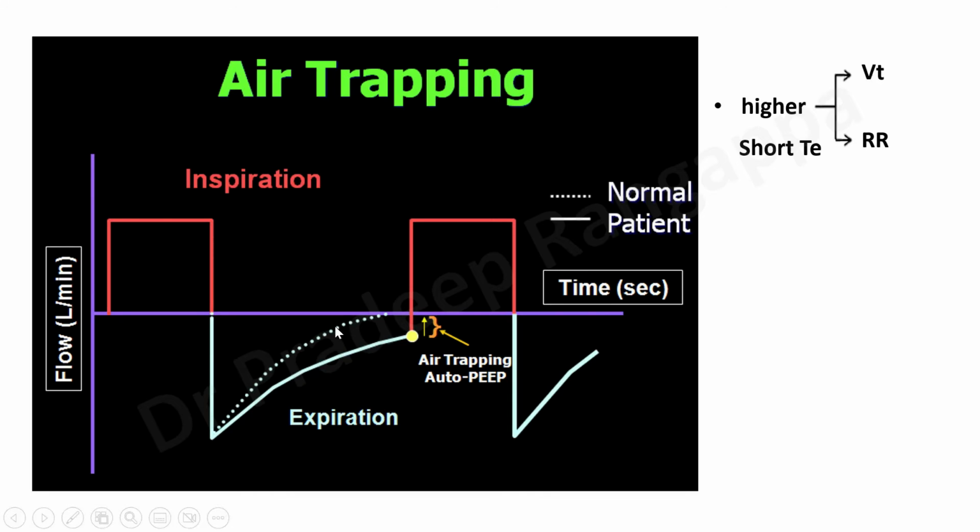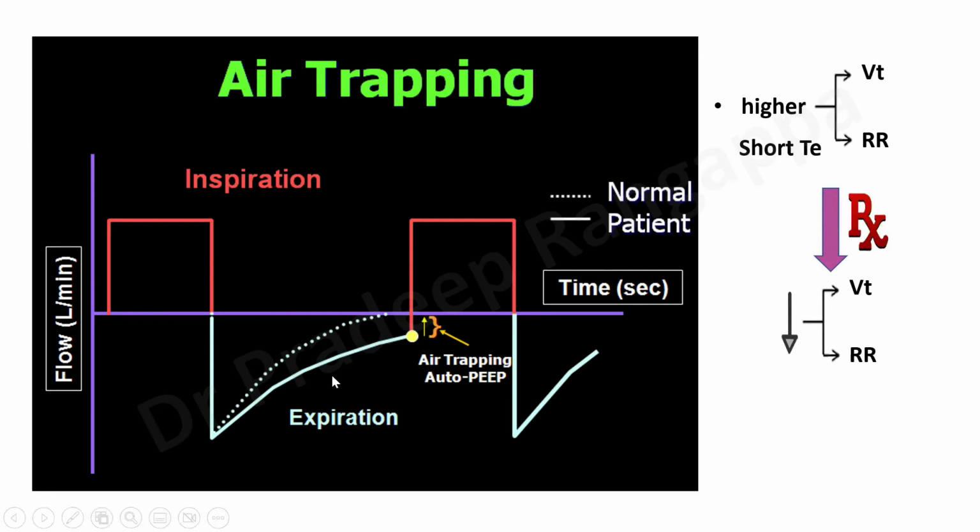So obviously, if you have shortened your expiratory time, then even before it touches the baseline, your inspiratory phase has begun. So shorter expiratory time is something that can precipitate this auto PEEP, especially in a patient who is in active bronchospasm. And how do you treat this? Obviously, we have to treat this by reversing all this: by lowering the tidal volume, reducing the respiratory rate, and increasing the expiratory time.